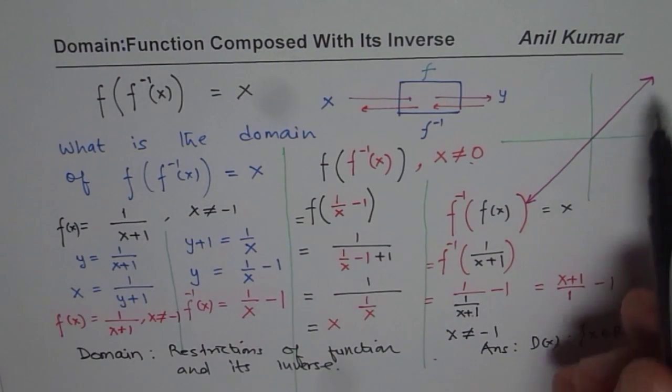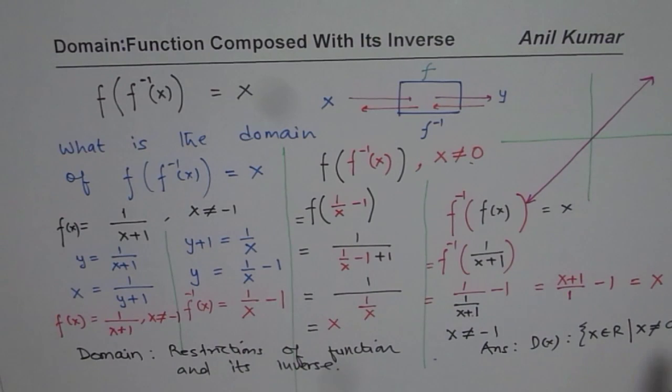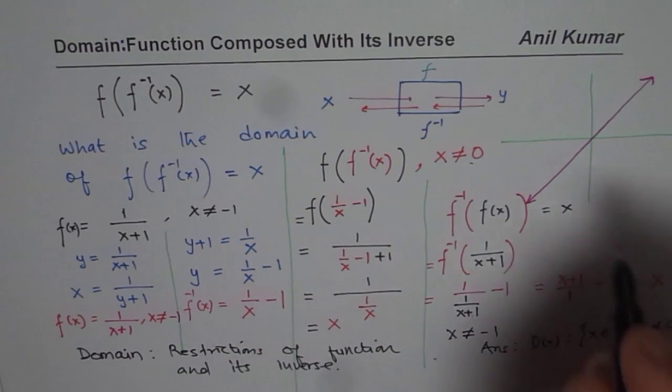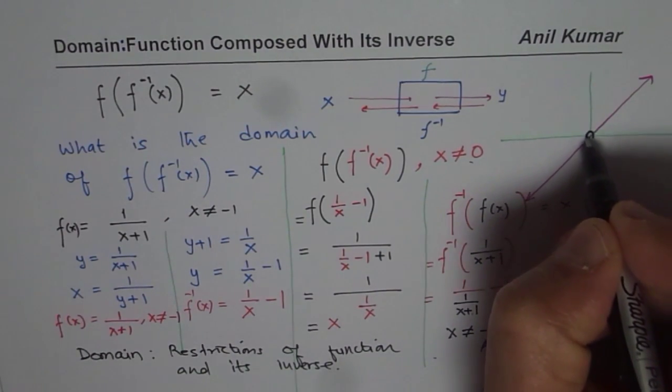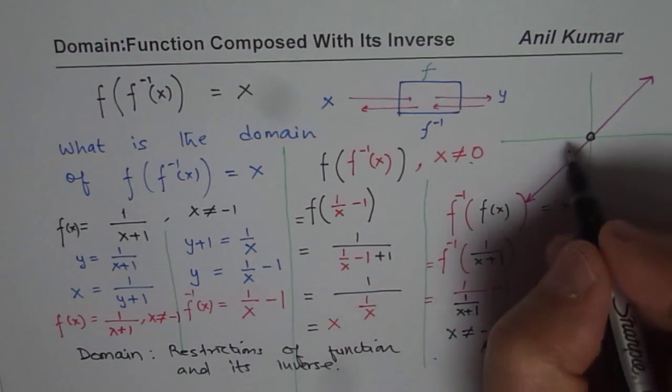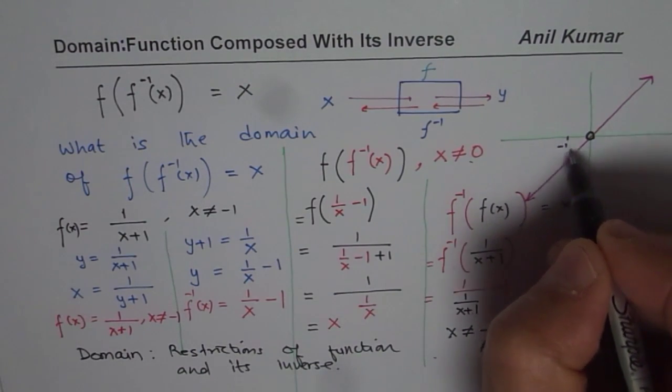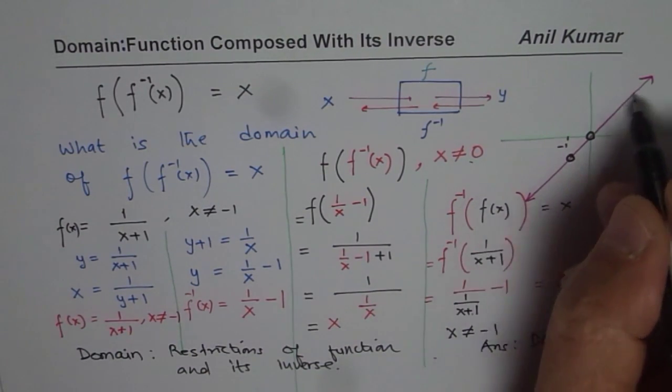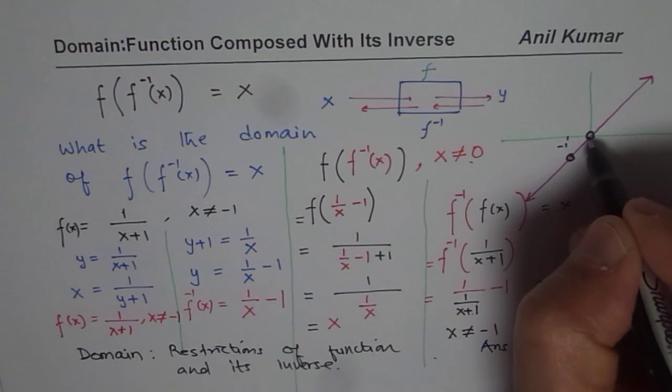And therefore, in this particular line, we have two different restrictions incorporated. One, we cannot have 0 x value, so there is a hole here, and at minus 1, let us say this is minus 1 for us, then there's a hole here.